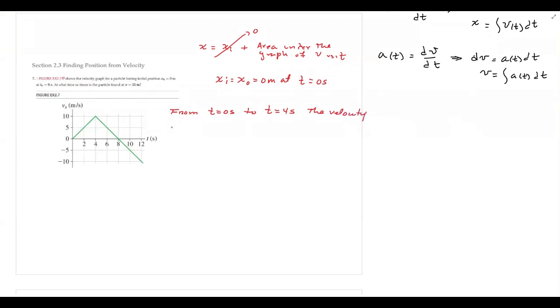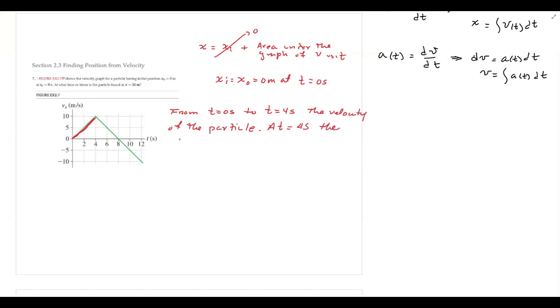You agree? Of course, right? Why? Because we have this portion of graph here that is increasing.